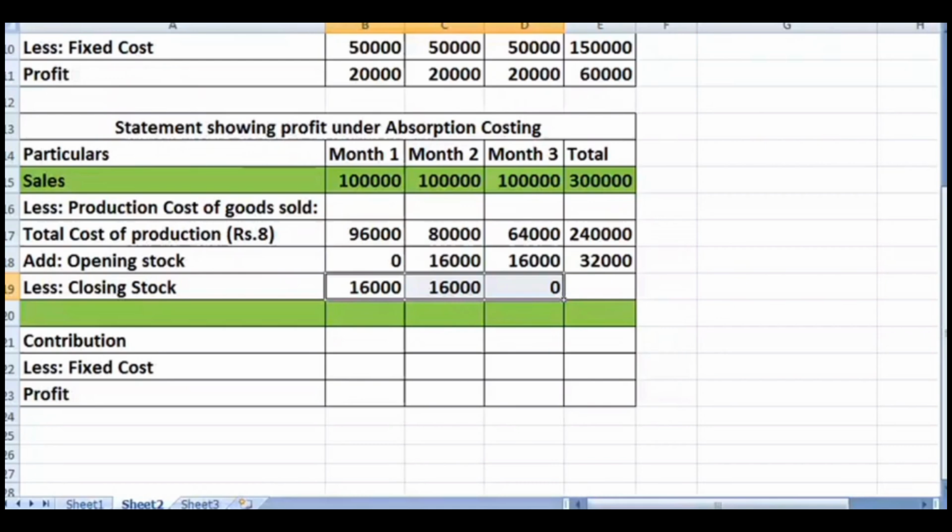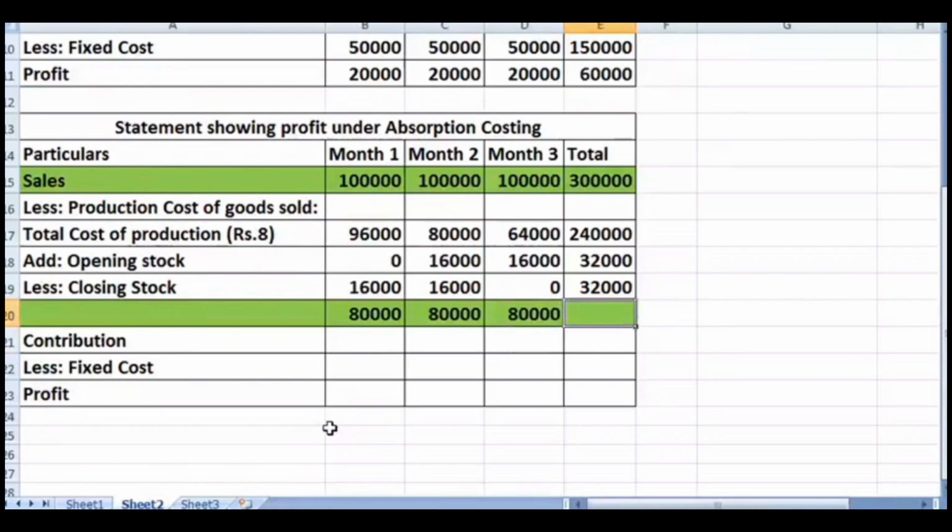Okay. So now what is the answer here? 96 minus 16, 80,000. Then 80,000, and 80, 80 and 80. Okay.